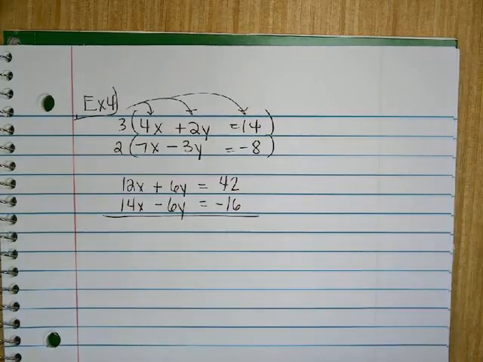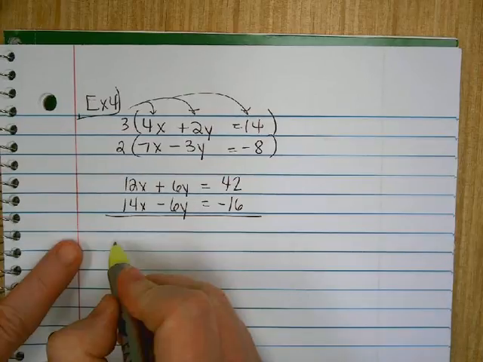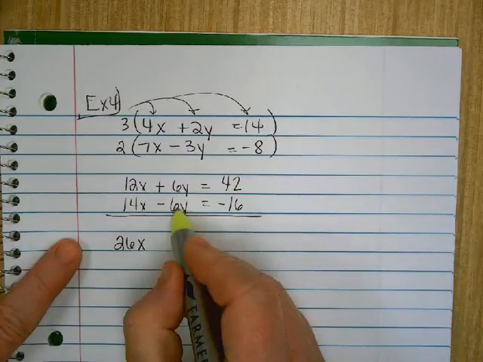Now what's going to happen? What's going to disappear when I combine these? 6y's will go away. So let's combine our equations. 12x and 14x are going to give me what, guys? 26x. These are going to eliminate.